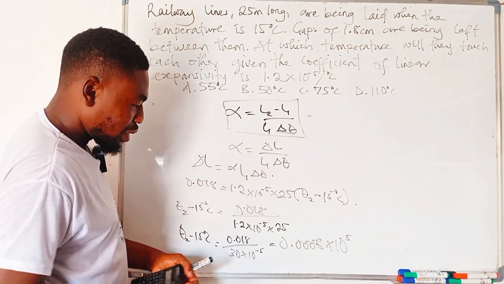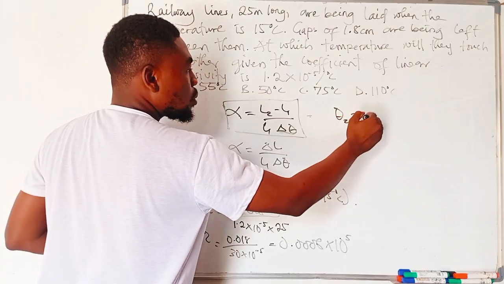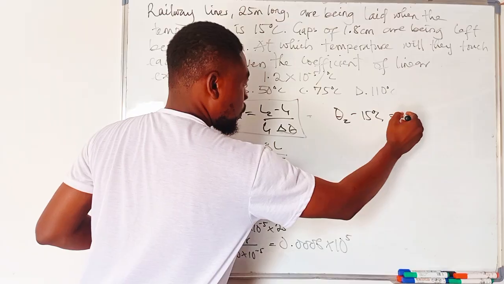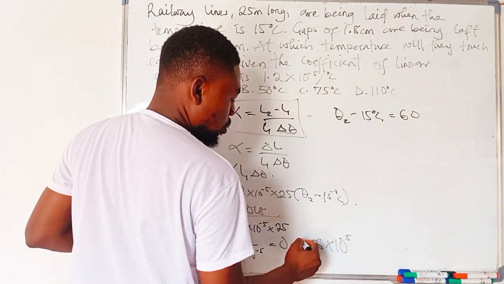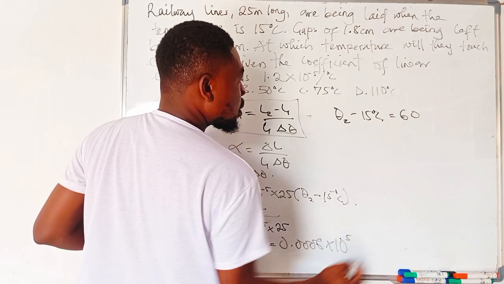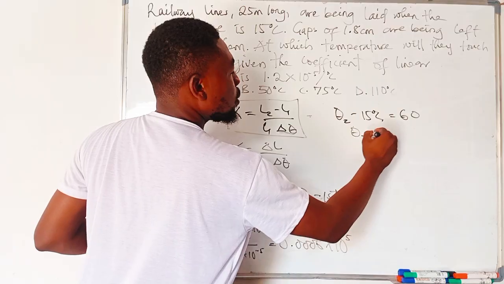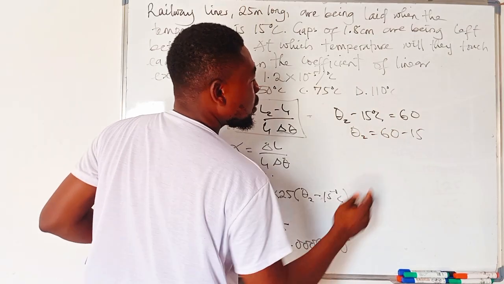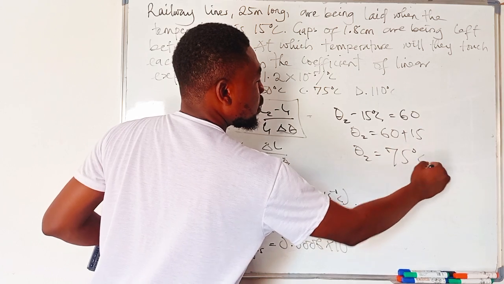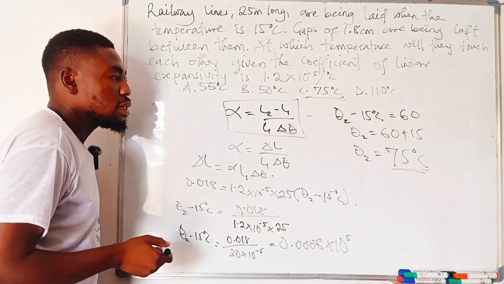So this becomes 60. So theta 2 minus 15 equals 60, so theta 2 is 60 plus 15. Theta 2 is equal to 75 degrees Celsius. Our answer is C, 75 degrees Celsius.